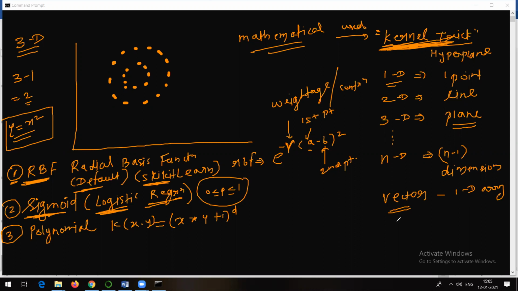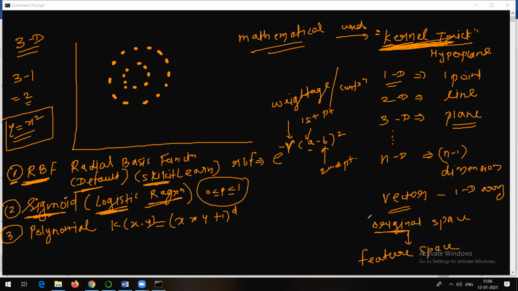Okay. So what is the kernel trick? A kernel trick can be a function that takes vectors in the original space as input and returns the dot product of the vectors in feature space. See, I am talking about original space to feature space. What do you mean by this?